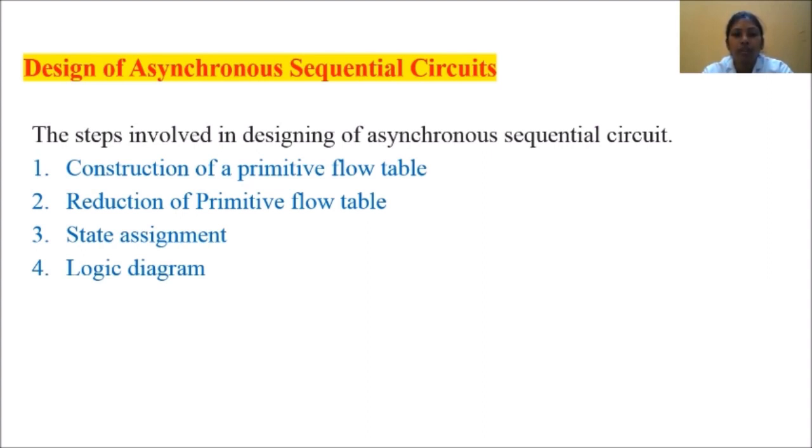Here the primitive flow table that is constructed in the first step is reduced by eliminating the redundant states by using the state reduction techniques. Third, doing the state assignment. Fourth step is that this flow table is realized using the appropriate logic elements.